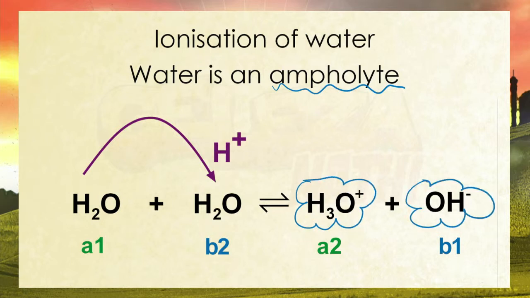And how do these two form? We have water, which is H2O. Then one of these hydrogens breaks off as an H+, leaving an OH-. This hydrogen will then fall onto the other water to form the H3O+ and the OH-.